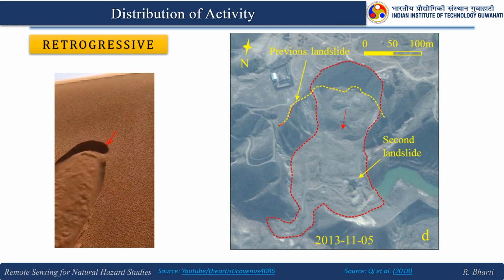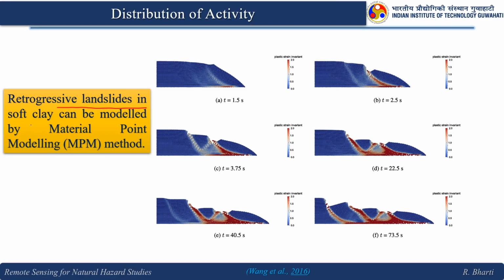Here this is the zone of the previous landslide, right, and this is the zone of the second landslide, right. So, this was captured in 2013. This is the source of the photograph. When we talk about retrogressive landslide in soft clay, it can be modeled by the material point method, MPM, right.